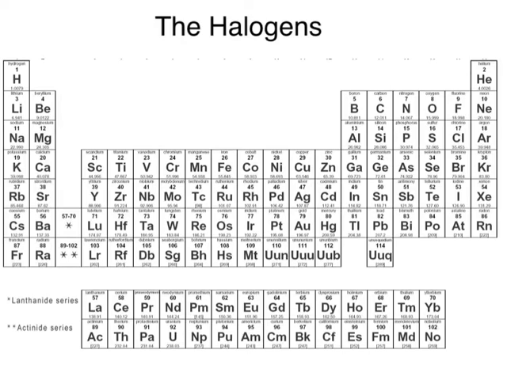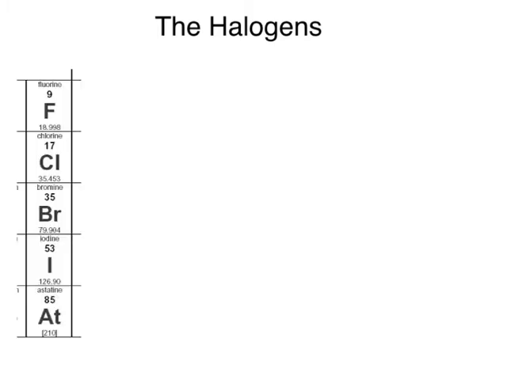Okay, so we're going to look at the halogens today. Now the halogens are in group 7 of the periodic table, so it's this group here. So let's take a closer look at these. So we've got the group 7 here, which consists of fluorine, chlorine, bromine, iodine and astatine.